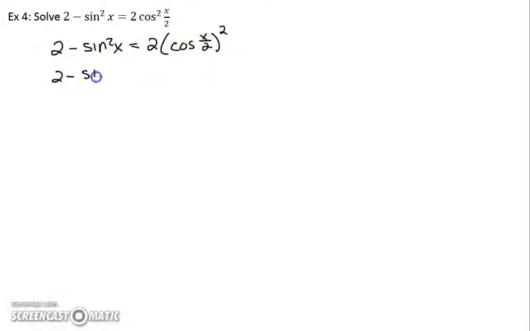So 2 minus sine squared of x equals 2 times, plus or minus, because we don't know what quadrant we're in necessarily, the square root of 1 plus cosine of x over 2. And then we have that squared out there still.